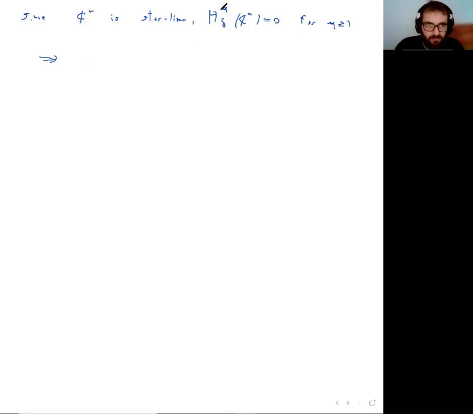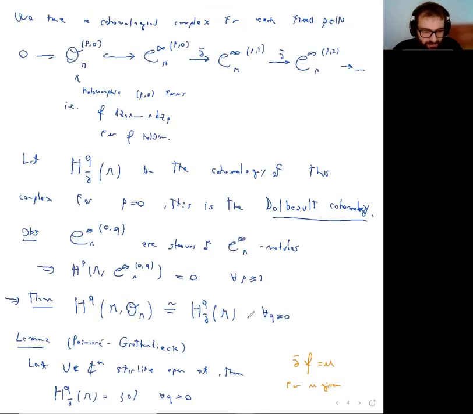What is the 0th Dolbeault cohomology of C^n? So remember, the 0th Dolbeault cohomology is the kernel of this first del bar, right?